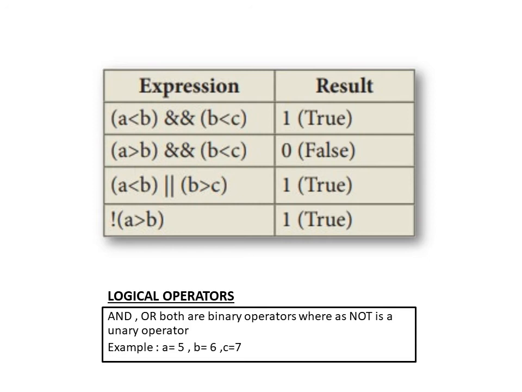But since it's logical OR, if one of them is true, the result is true. Now, A greater than B, 5 greater than 6. But after that expression, there is a logical not. Wait, I'm sorry, 5 greater than 6, that's false. The expression is showing false, so not false is true.